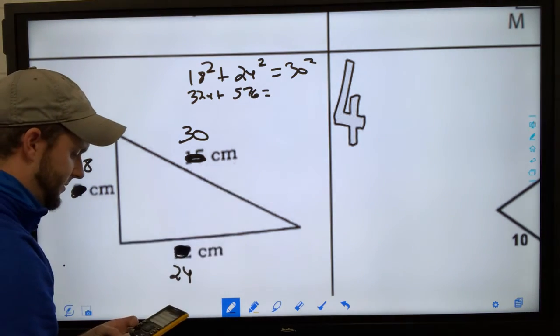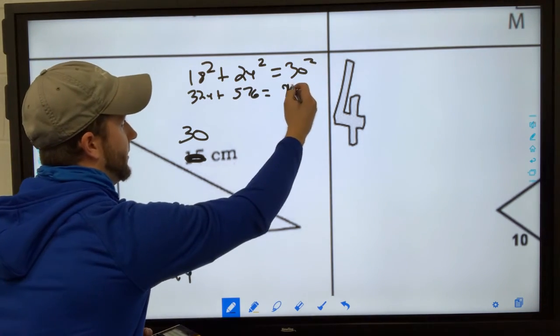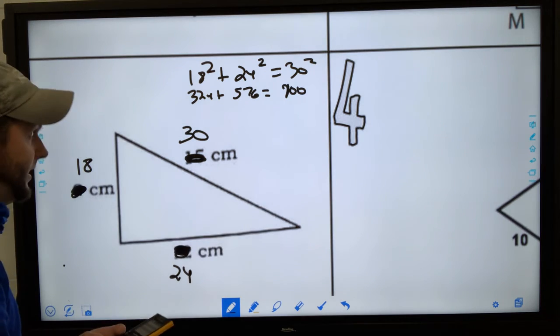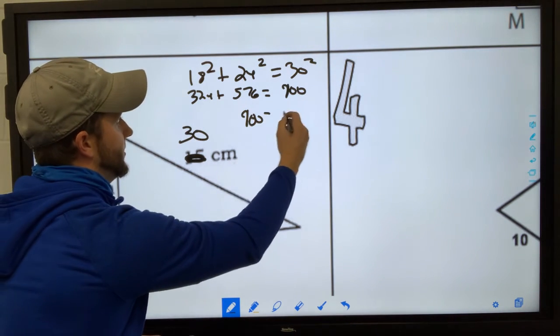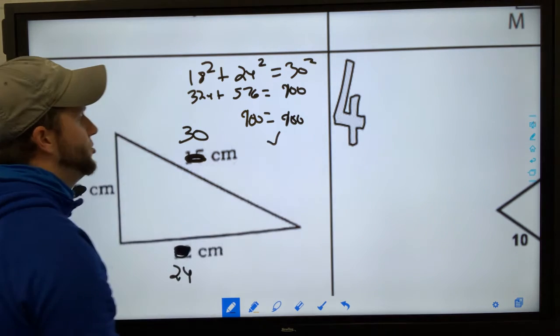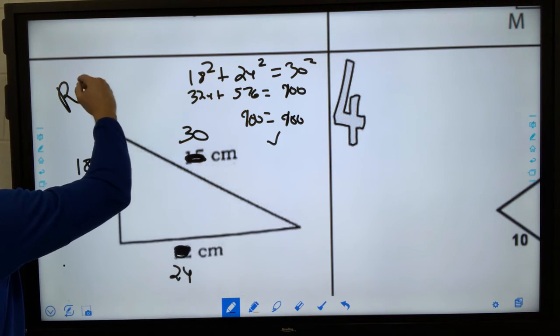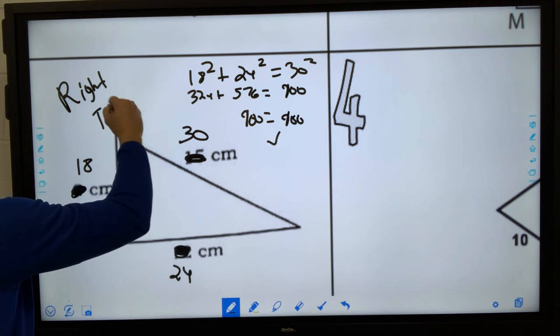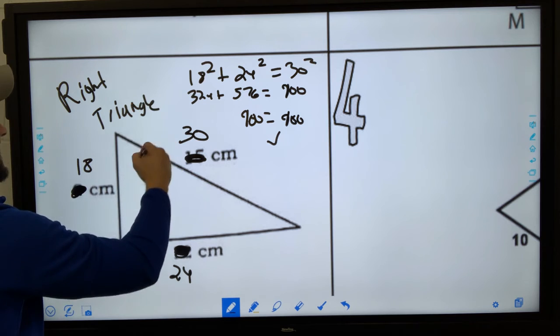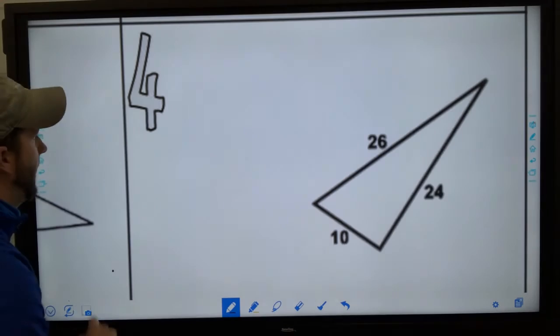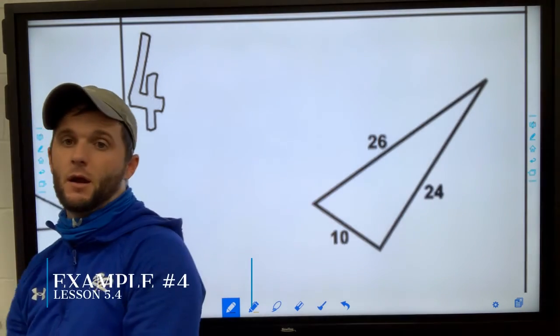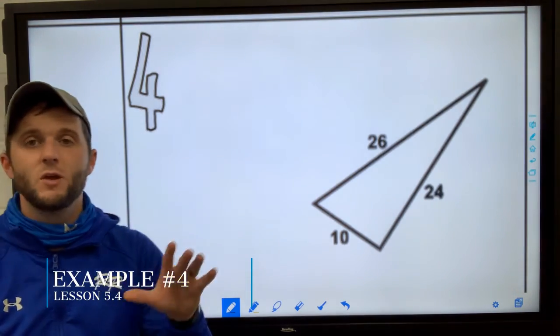And 30 times 30 is 900. Then 576 plus 324 ends up giving you 900. So 900 does equal 900. That means this is indeed a right triangle because it satisfies the Pythagorean theorem. Check. Okay?